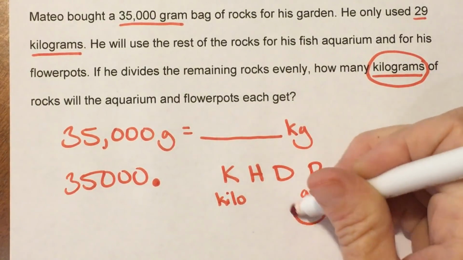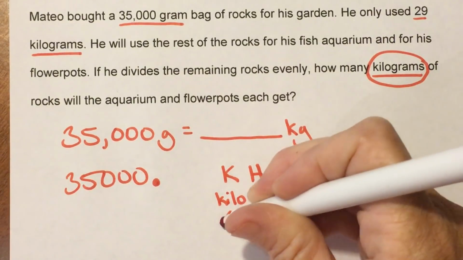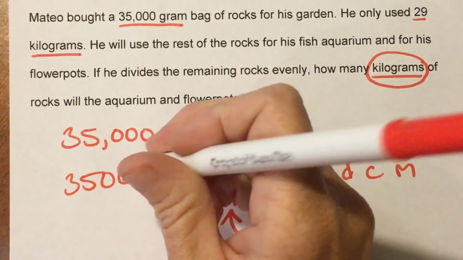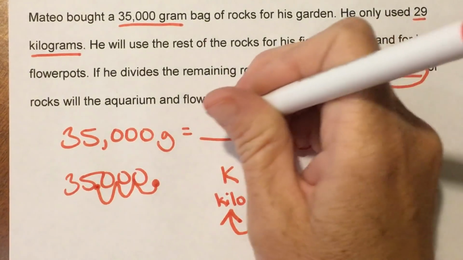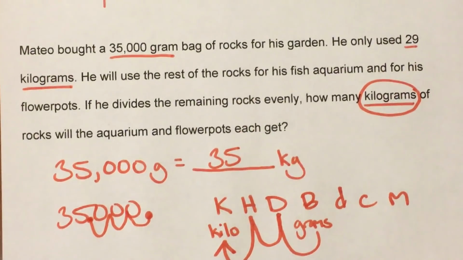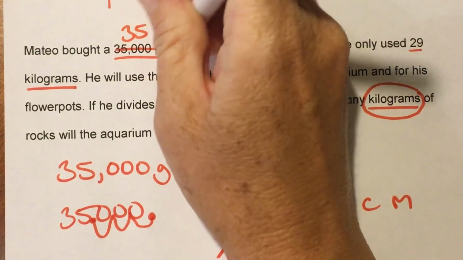So let's say grams to deca to hecto to kilo. So I went 1, 2, 3 to the left. Let's try that. 1, 2, 3 to the left, which gave me 35,000 grams is equal to 35 kilograms. Okay, so let's change it in our question.